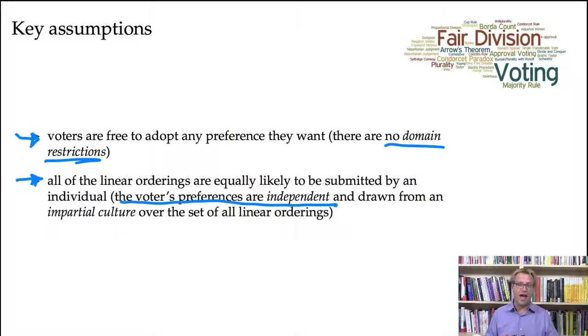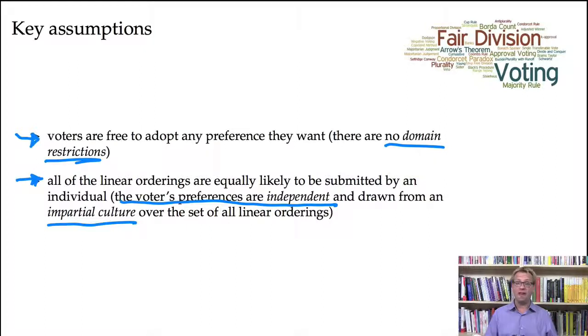The assumption that the probability is uniform is called the impartial culture assumption. That says that the voters' preferences are drawn from an impartial culture over the set of linear orderings. That piece of jargon just means that if you pick an arbitrary voter, then the probability that that voter chooses a particular preference ordering is going to be uniform. It's going to be the same for all of the voters. It's going to be just the uniform probability measure over the set of all possible linear orderings.